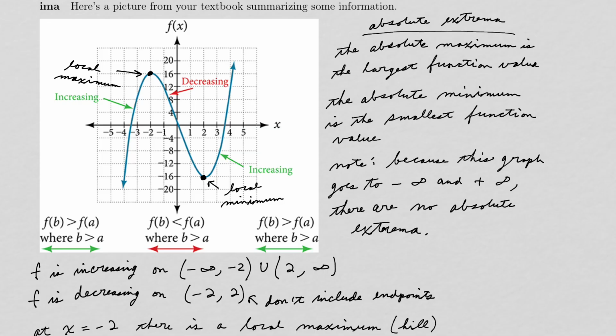And that's why the arrow's used here, right? It's saying it goes down to negative infinity and it goes to positive infinity. If it stopped somewhere, let's say it stopped right there at 20, then you would say 20 is an absolute maximum. Okay, but it doesn't. It goes on forever. We'll see examples in a second where there are absolute extrema. Okay, so actually let's look at 3 more examples now.